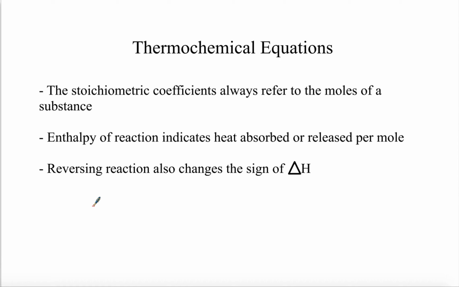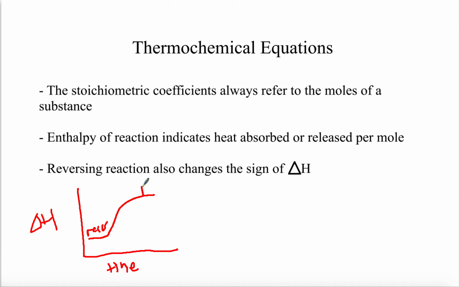One last thing I want to touch on before moving on here. If we were to indicate the delta H over time, and we have our reactants, and the delta H is increasing over time, you can see here the reactant, here's your product.